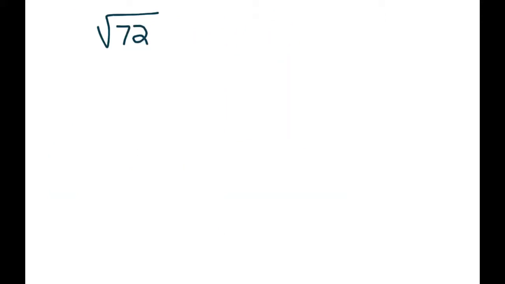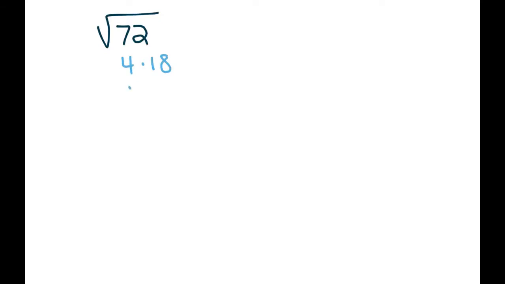Let's do this again using the square root of 72. If you're going to do it in method 1, the way I showed you by finding the largest perfect square, you have to be careful, because sometimes there is more than one perfect square that divides into a number. You want the largest perfect square. It turns out with 72, 4 goes into 72 18 times.